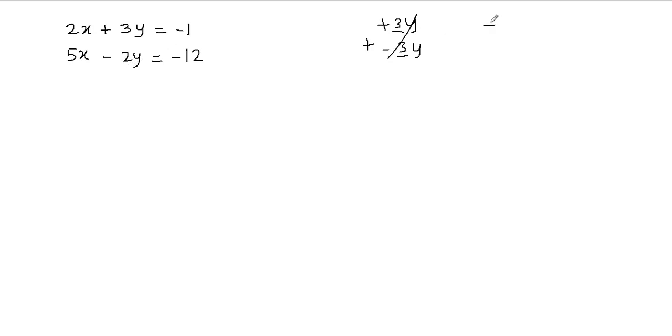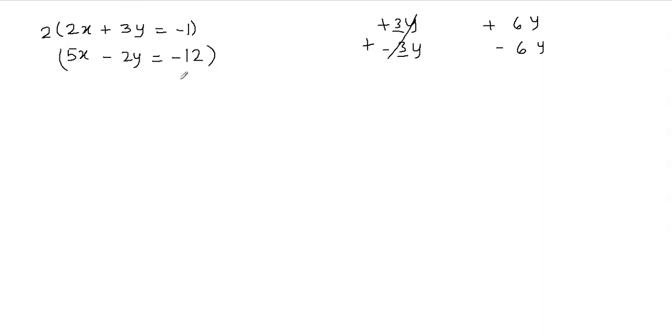So now I know that the number in front of the y variable has to be equal to 6. One of them has to be positive 6y, the other one has to be negative 6y. Now, how do I convert 3 to 6? What do I multiply into this? Well, I can multiply my first equation by 2, because 2 times 3y is going to give me positive 6y.